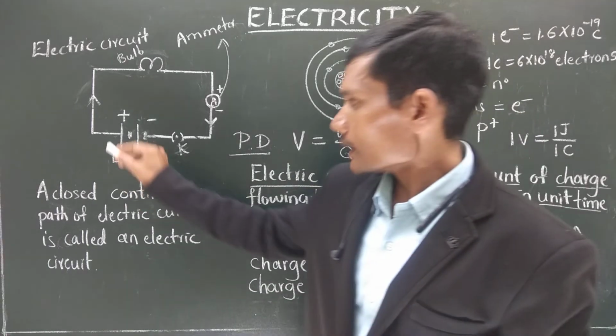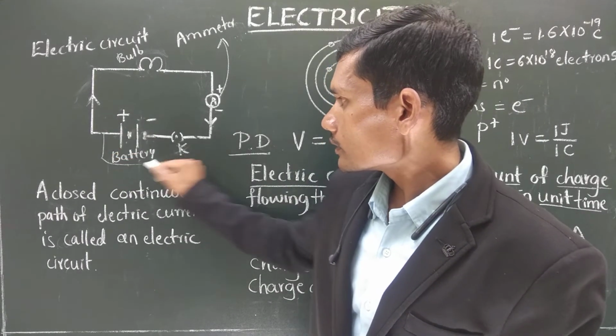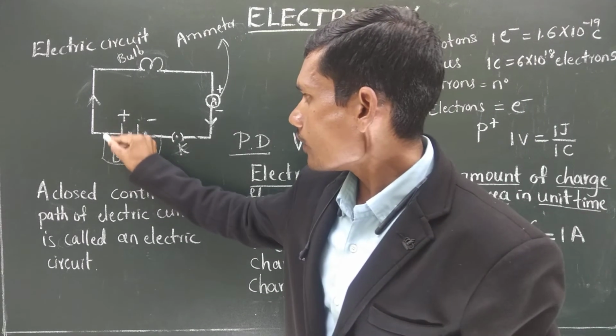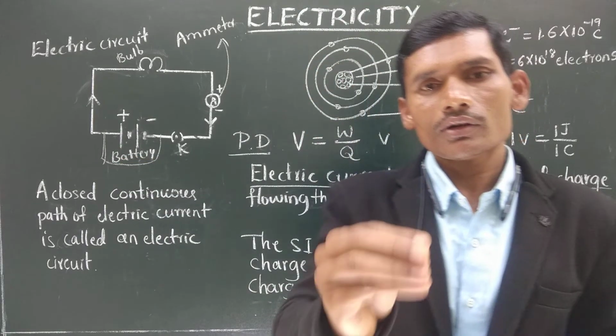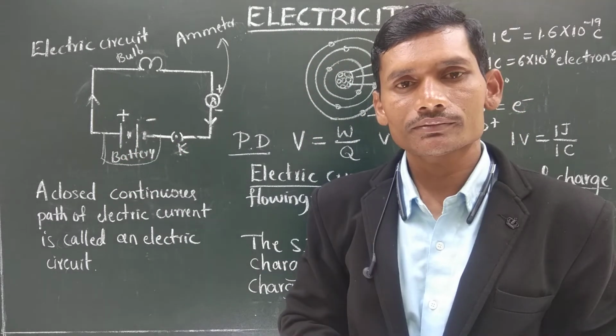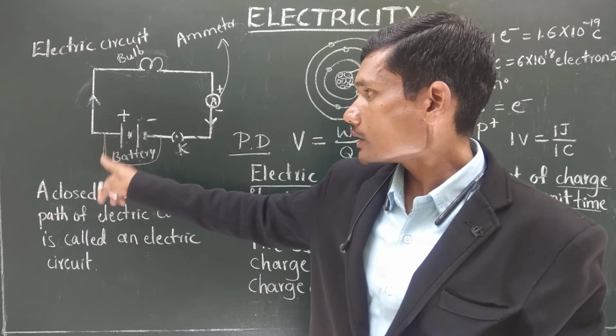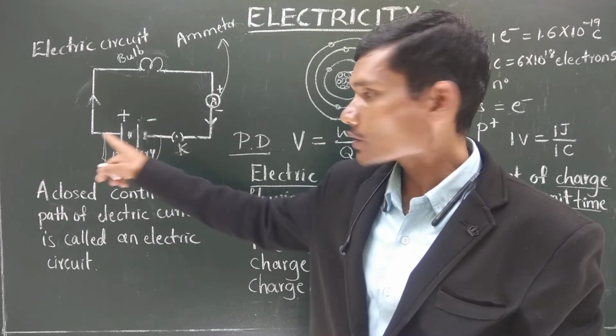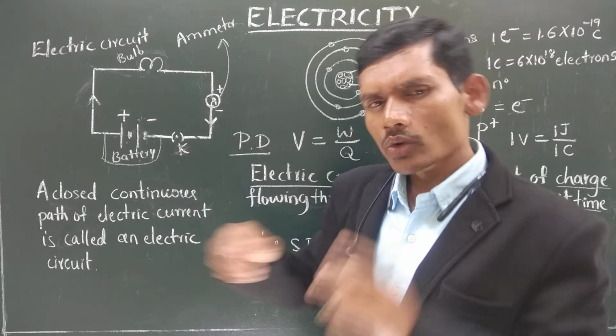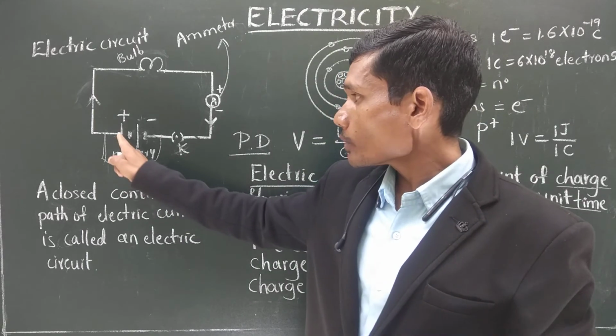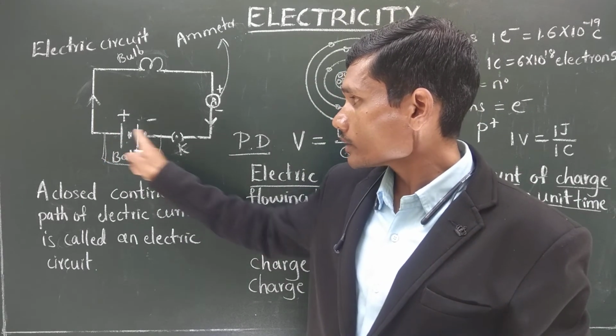It should be connected across the terminals of that source of electricity. Directly we are connecting it across the terminals, not in series, because it is a potential difference between two terminals.